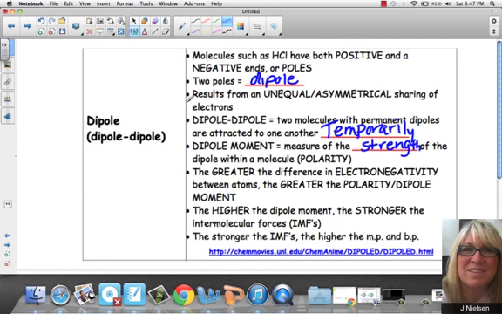So for example, if we look at HF versus HCl, HF is going to have a stronger intermolecular force than HCl between its molecules because the electronegativity difference, the ED, in HF is greater than the ED in HCl.